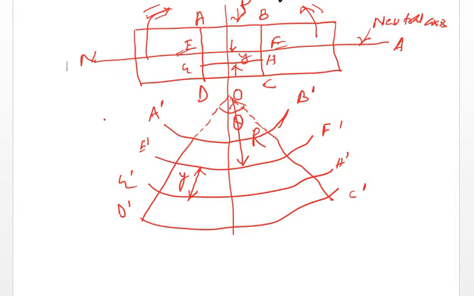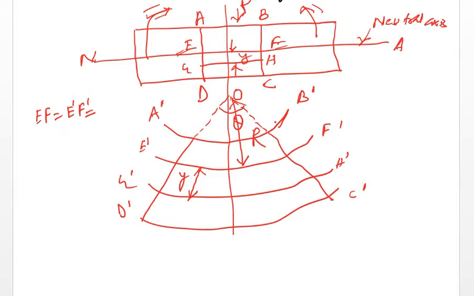So EF is equal to E dash F dash, because these two are equal, and we can find the value of EF or E dash F dash.